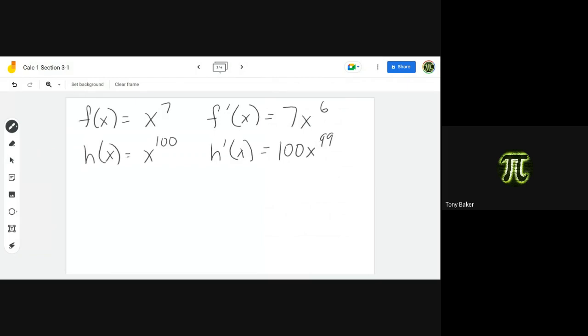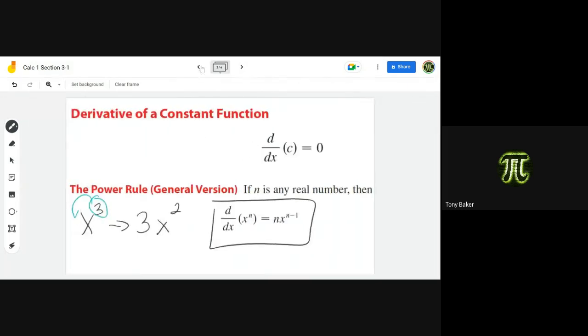Now, what I even said on Monday is I'm going to show you all this stuff and we're never going to use it again. The reason we did that is because if I literally just said, here's this rule, you'd have no idea why. You could find the rule, and you would get the right answer every single time, but you wouldn't understand why it represents the slope.